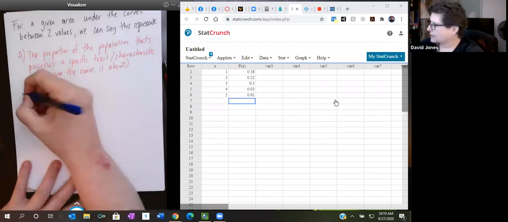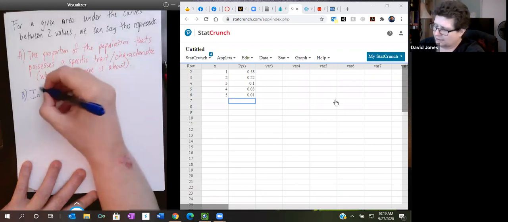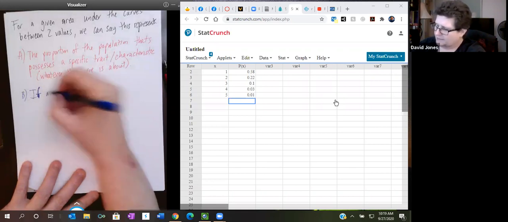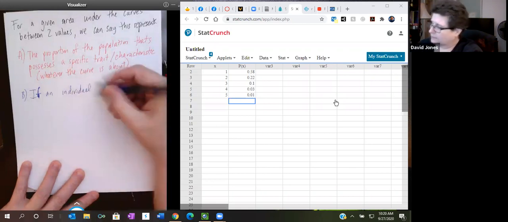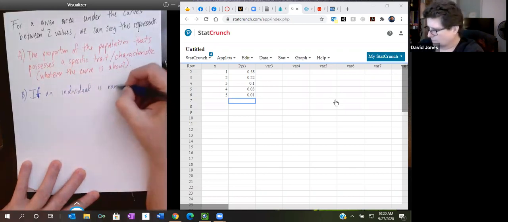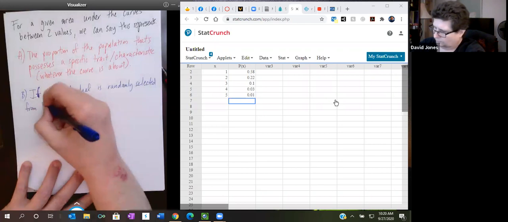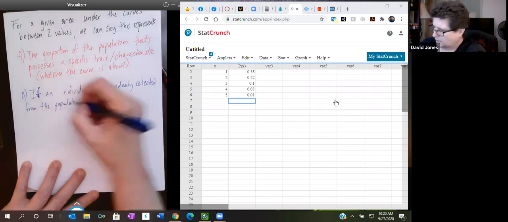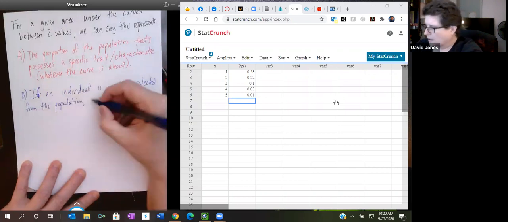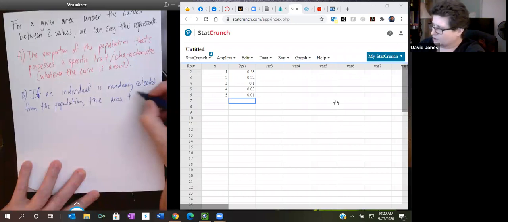Or B, if an individual is randomly selected from the population, the area represents the probability that they possess the trait.